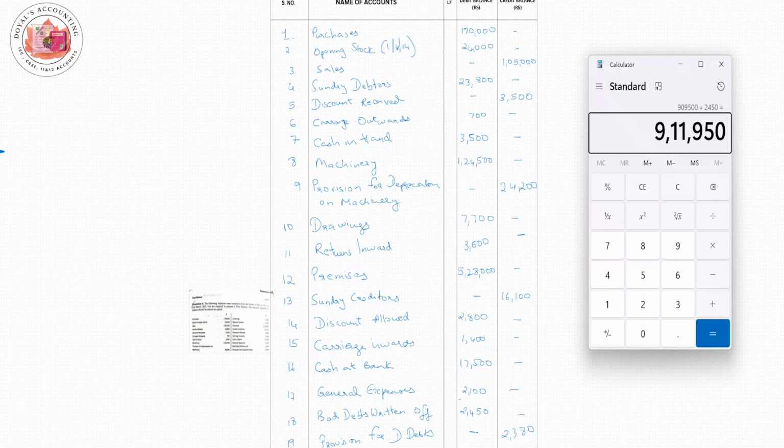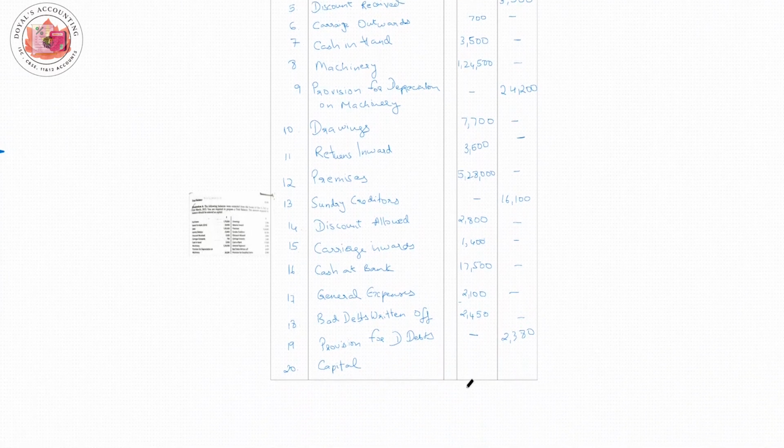So my total is 9,11,450. So let me note that down. This also should be my total here, 9,11,450. And my capital balance will come on the credit side, obviously.